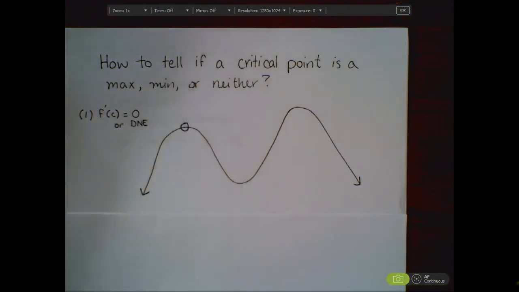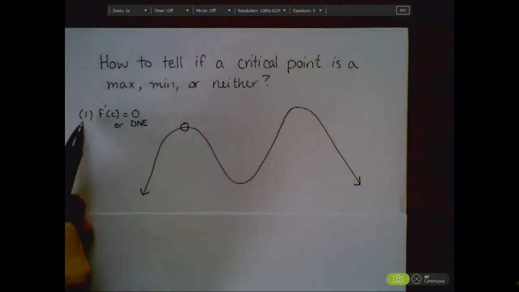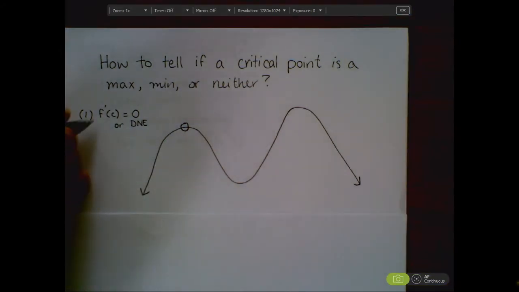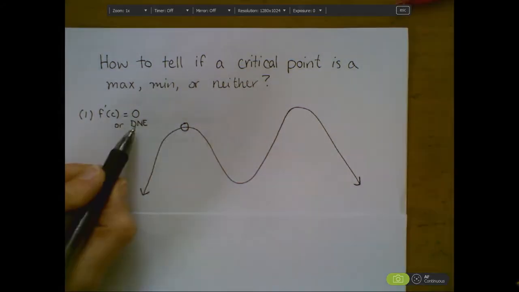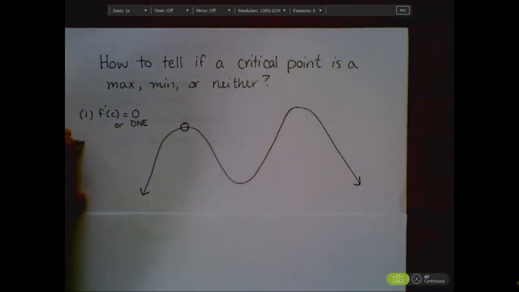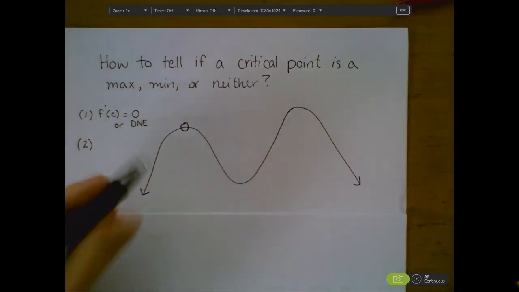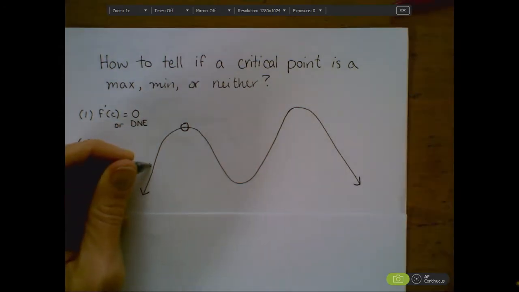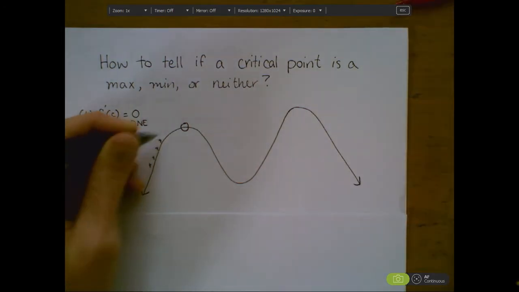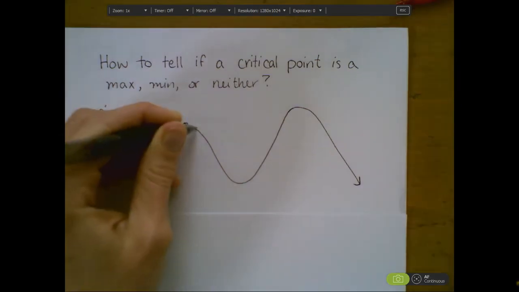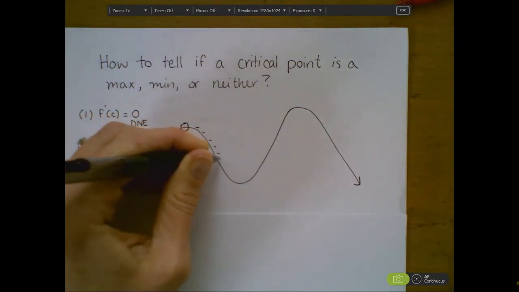That's our first step in identifying the critical point, because we need to have the derivative equal to 0 or not existing to be a critical point. The next thing that I notice is that for this critical point, my derivative is positive as I go this way, and then my derivative is negative as I go this way.